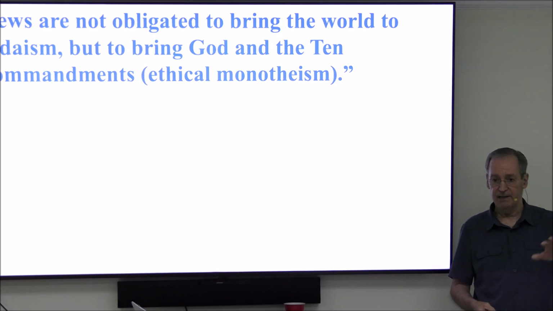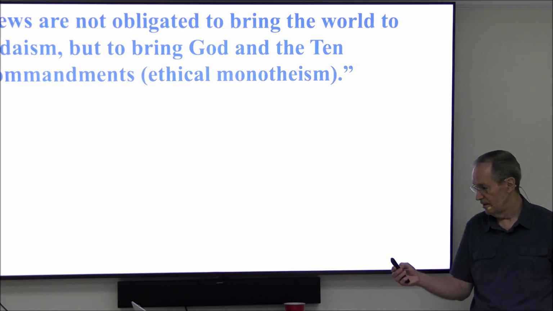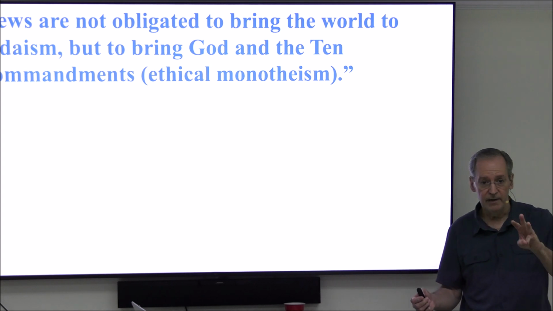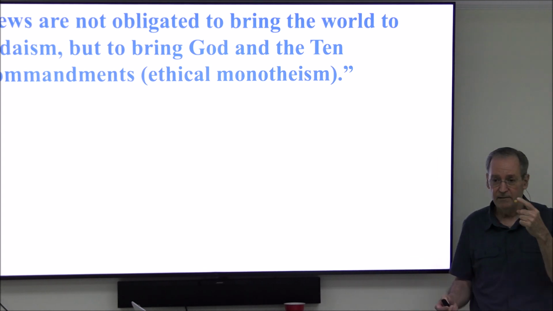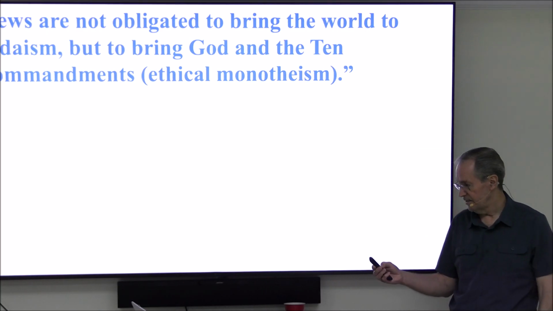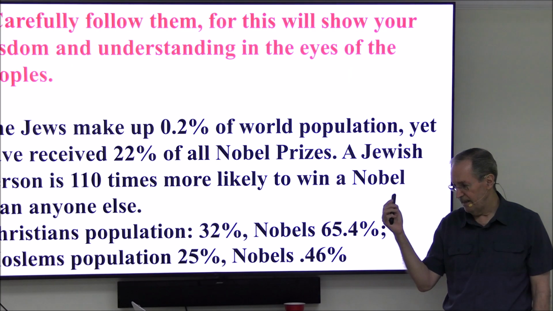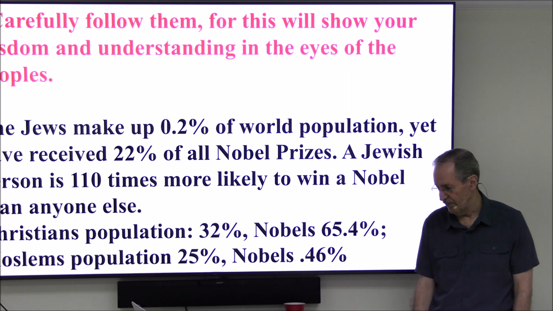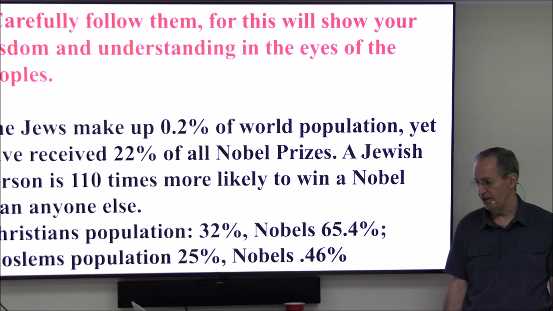How many monotheistic religions are there in the world? 3. Judaism, Christianity, and Islam. So, it says, carefully follow them, for this will show your wisdom and understanding in the eyes of the peoples.